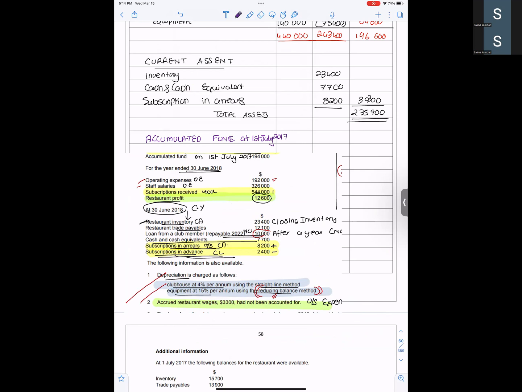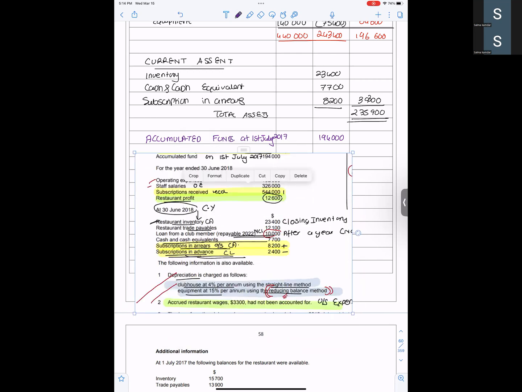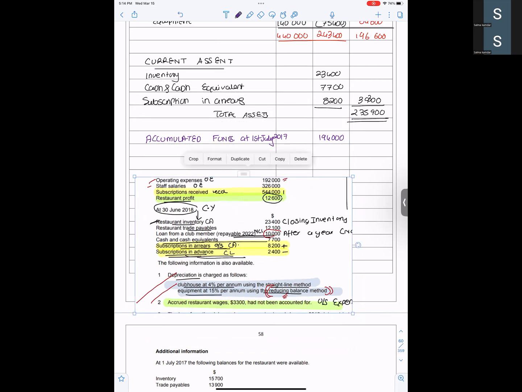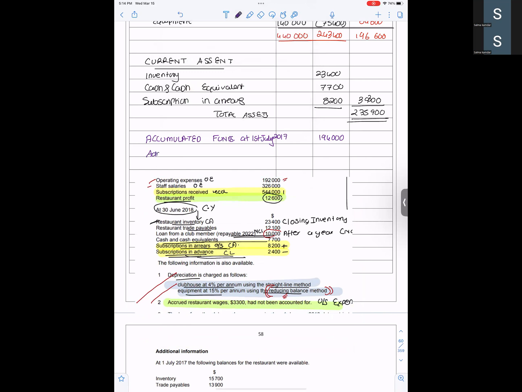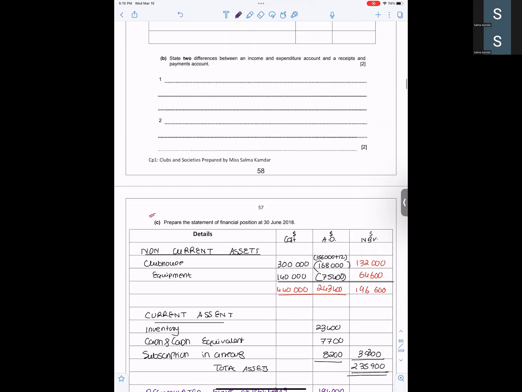This is 194,000. If you have any surplus, you will add to it. So what is your surplus for the year? You get it from the income and expenditure account. So add surplus for the year. What is your surplus for the year? 13,600.